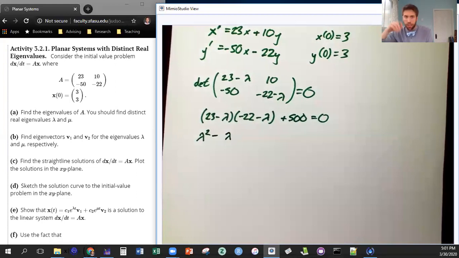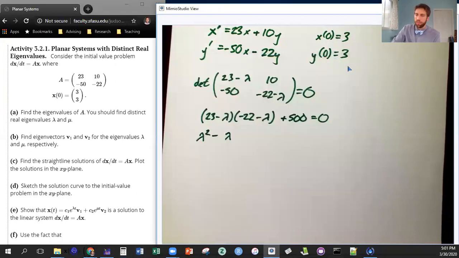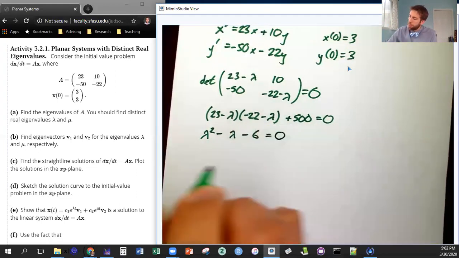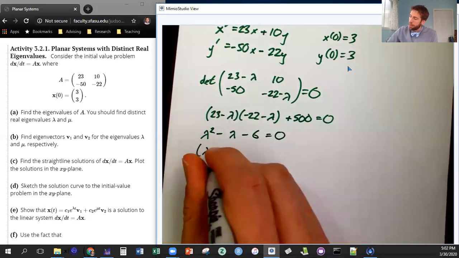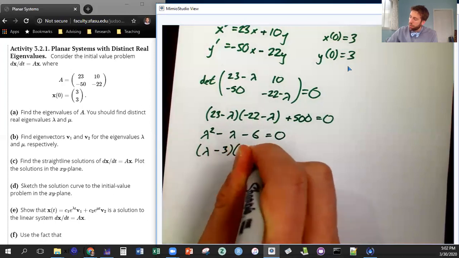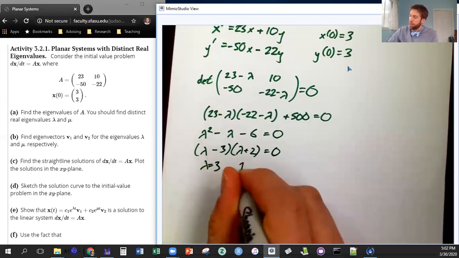And then 23 times negative 22 plus 500 is negative 6. Well, let's factor that. That's lambda minus 3 times lambda plus 2 equals 0. We have lambda equals 3 and lambda equals negative 2.